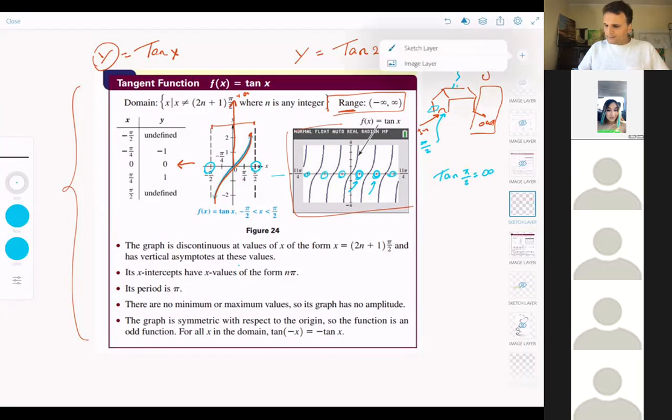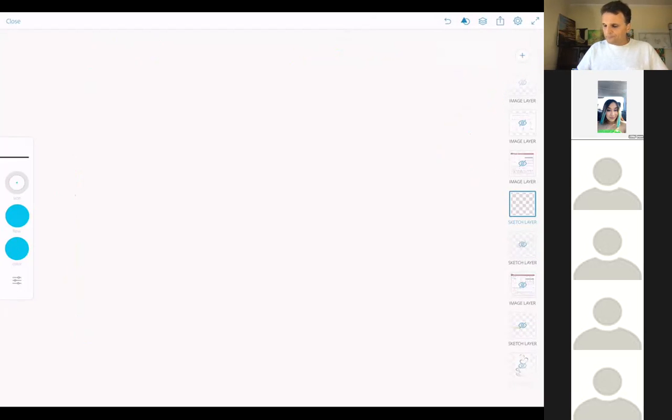Just let me have one slide here. I'm going to make an example. Y equal to 2 over x plus 5.